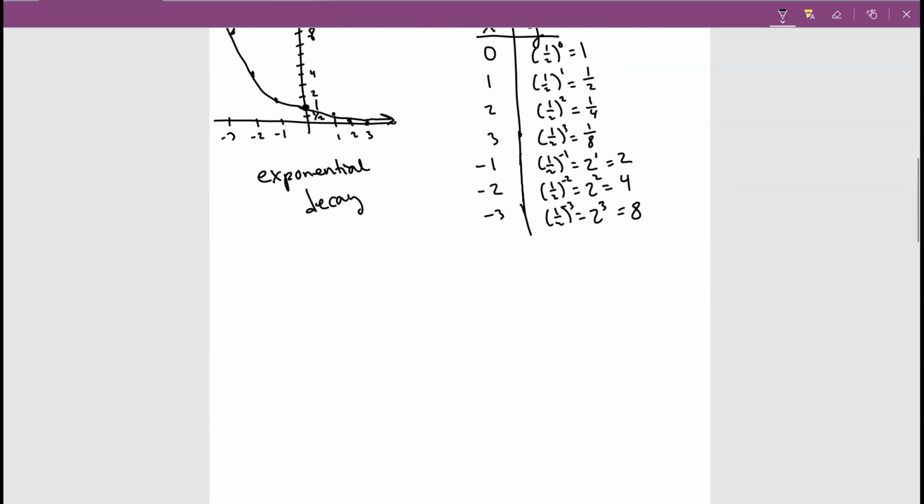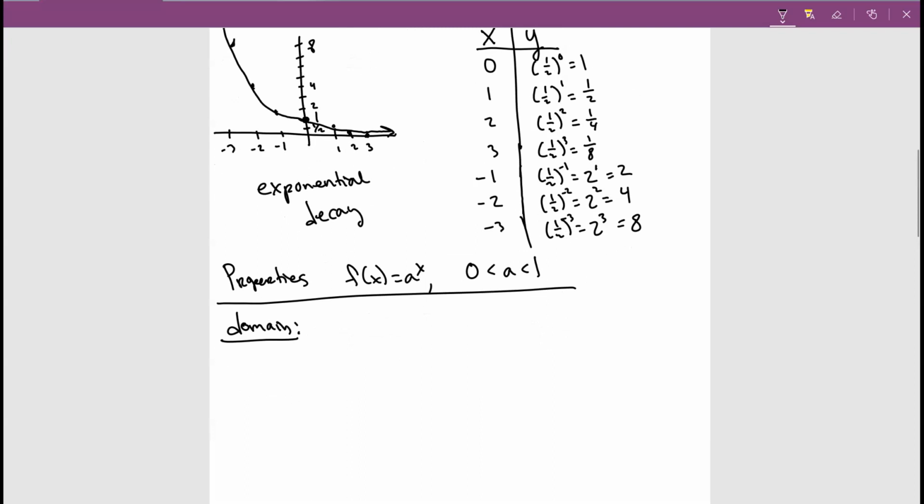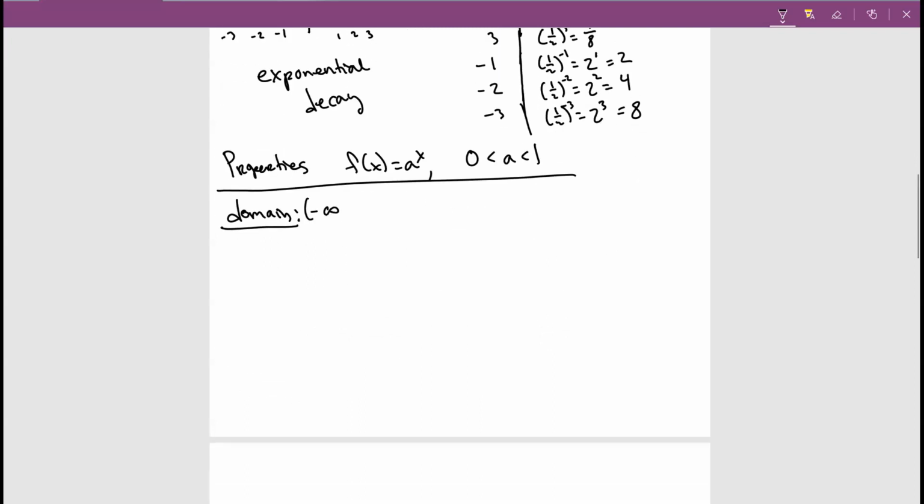So let's look at some of the properties for f of x equals a to the x when a is between 0 and 1. The domain didn't change at all. It's still from negative infinity to positive infinity.